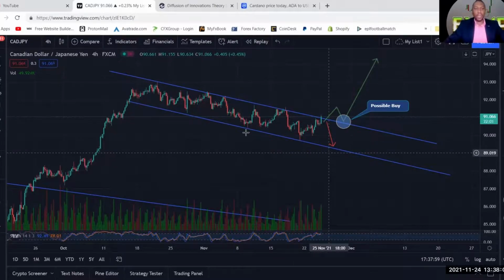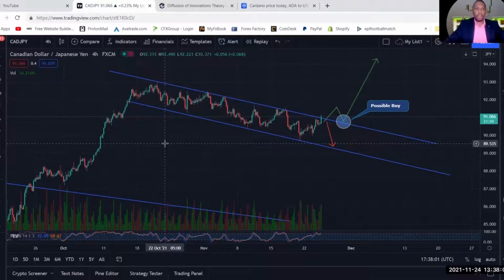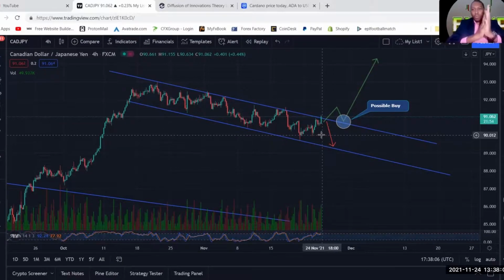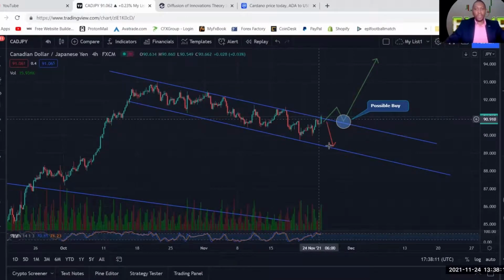And then on the smaller time frames, people who trade the 30 minutes and the 15 minutes, they're rubbing their hands for those types of moves, because those are small moves, but they can be capitalized on if you trade the smaller time frame, if you're a scalp trader.